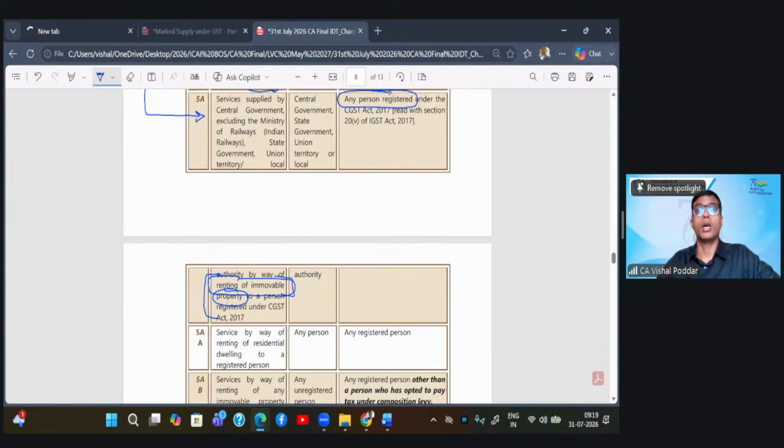That tax will go under FCM. So wherever government is giving renting service to a registered person, renting of immovable property, this service, when given by government to registered person, that is only under RCM. I hope this is clear to you all students.